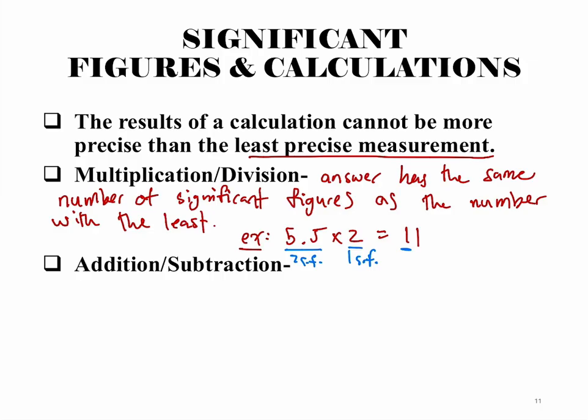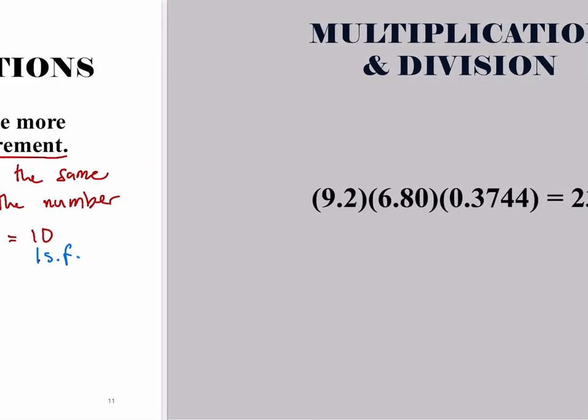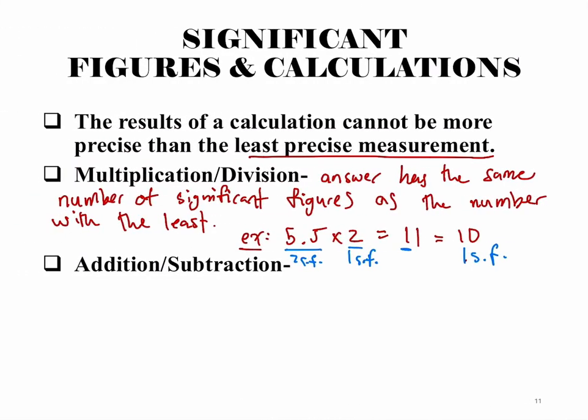So this gets rounded to 10, because we need only 1 sig fig in the final answer. All right, so whenever we're multiplying or dividing, whichever number has the least number of sig figs determines the number of sig figs of our final answer.